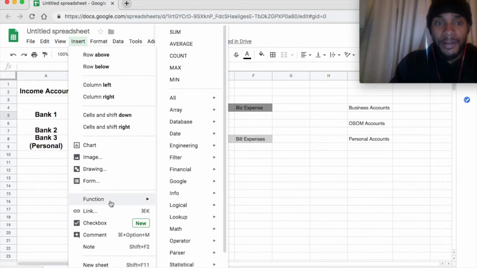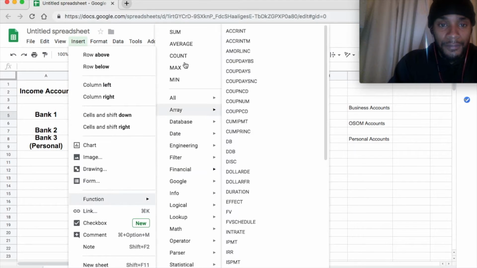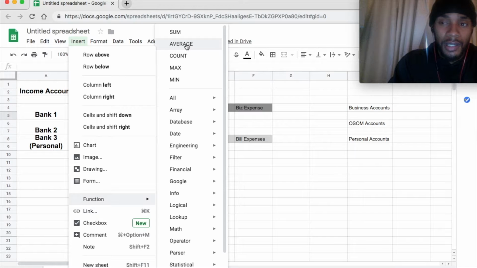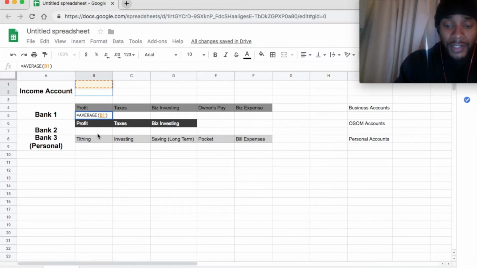So you go to insert, function, and under function, you'll put in the average. Yeah, I believe it's average. So the average, you want to go ahead and highlight this one here, and you want to multiply it by 2% because you want to get 2% into your profit.